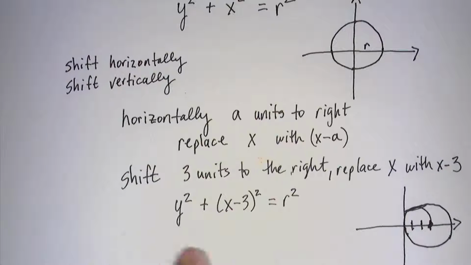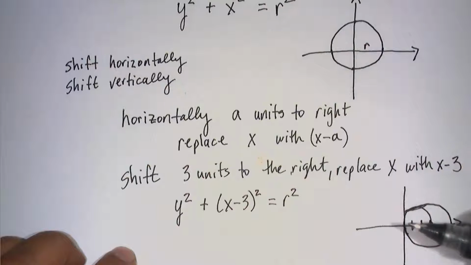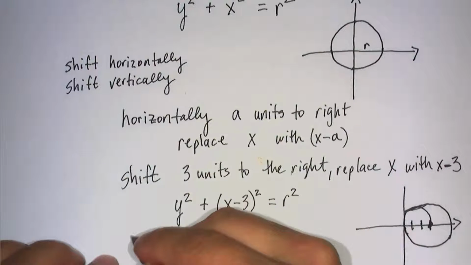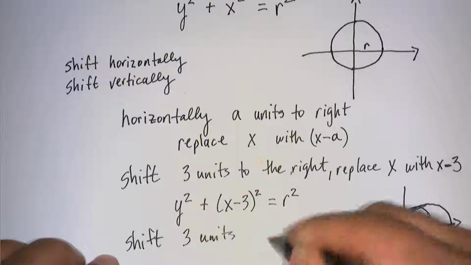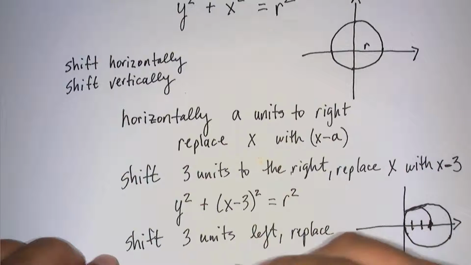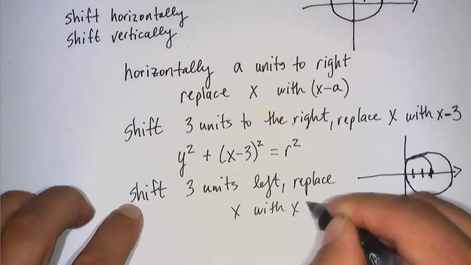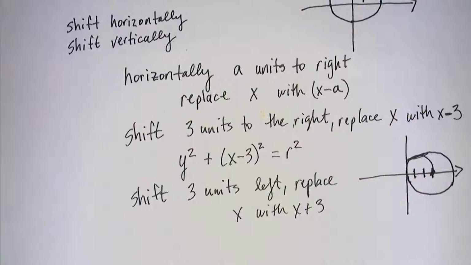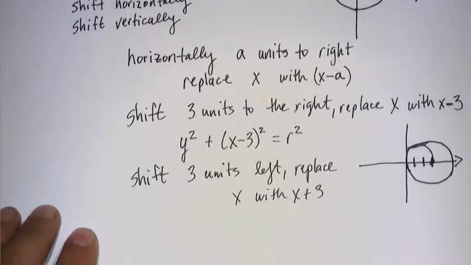If we want to go to the left, we replace x with x plus 3. Okay, so to go to the left, we do the opposite of subtract, which is add. So to shift 3 units left, we replace x with x plus 3. Okay. So, we know how to shift horizontally. What about vertically? Well, you do the same thing.